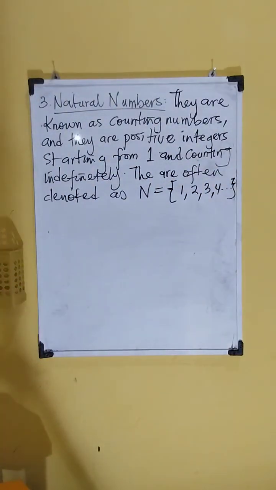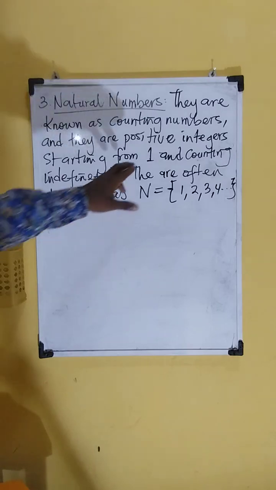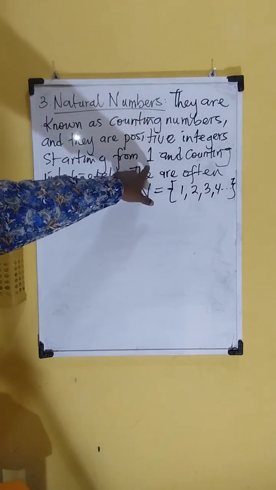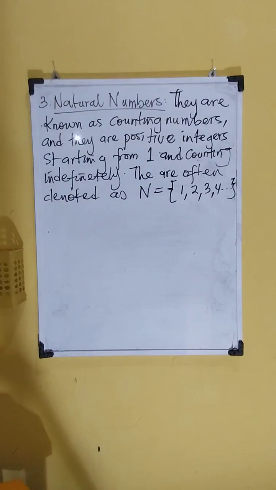That is how a natural number is expressed. They are known as counting numbers, and the counting starts from 1, not from 0. Remember that.